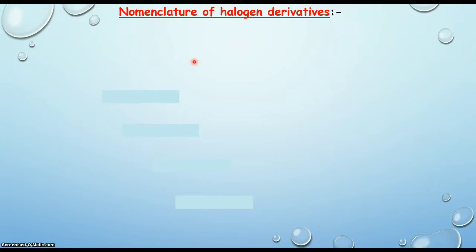So let's start with the common name system. This nomenclature system is useful for only naming simple organic compounds. The common name of a compound usually has some history behind it and is usually accepted on account of its uses. So let us discuss a few terms involved in it.